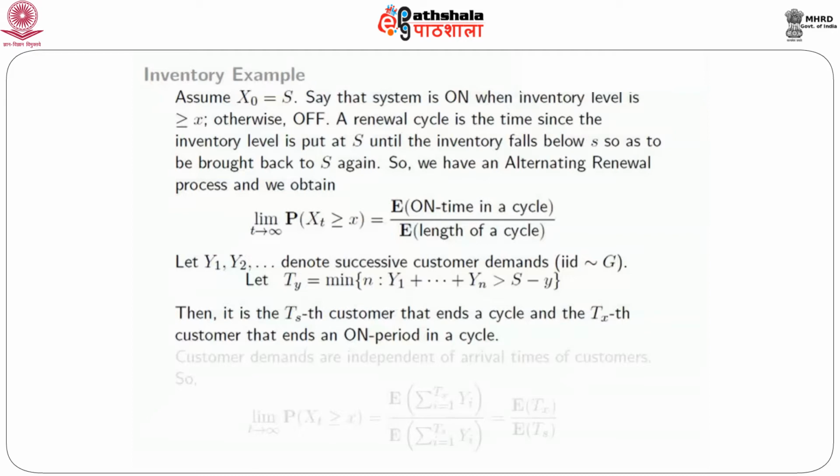So the cycle ends with the Ts-th customer, of course, and the Tx-th customer ends the on period in a cycle, because the on period is the period during which the inventory is greater than or equal to x. So the Ts-th customer ends the cycle and the Tx-th customer ends an on period in a cycle.